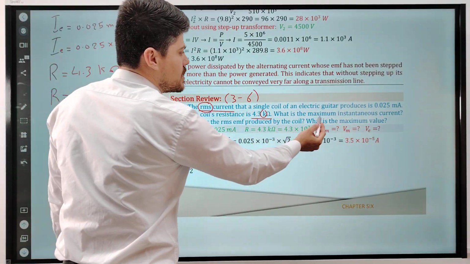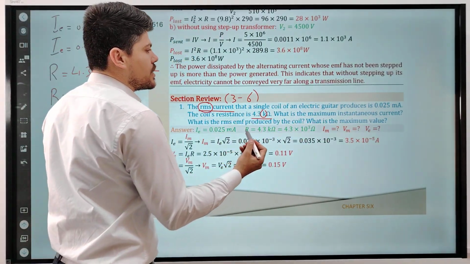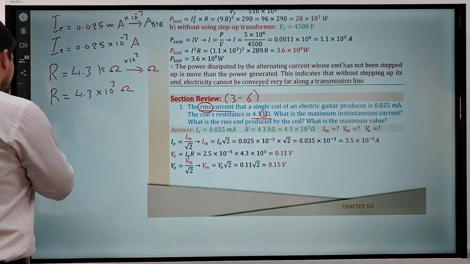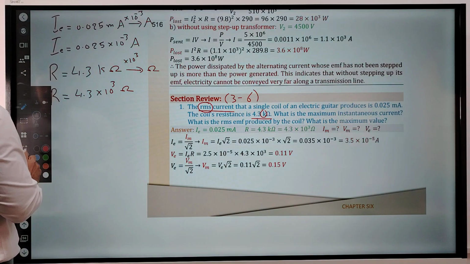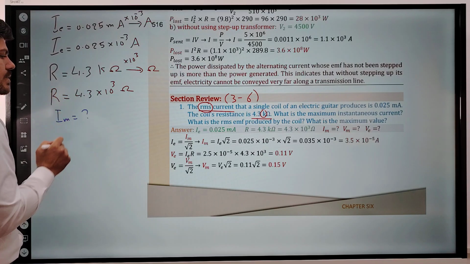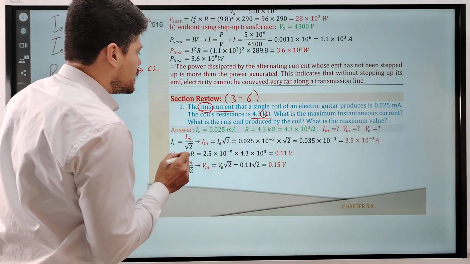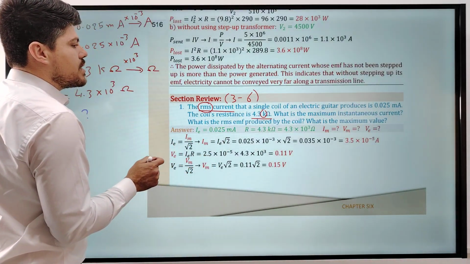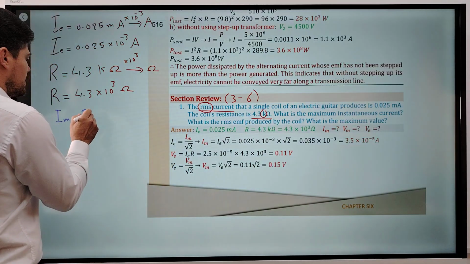What is the maximum instantaneous current? What is unknown? The maximum instantaneous current, which means that Im is unknown. And what is the RMS EMF produced by the coil?